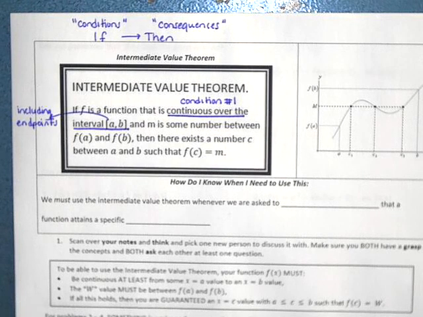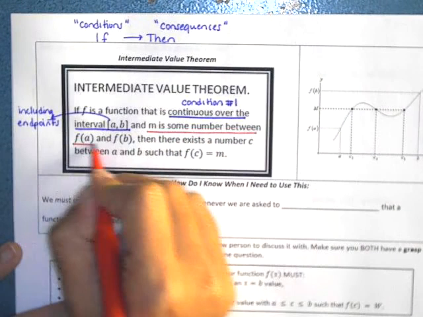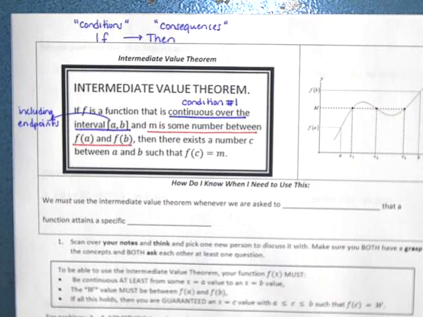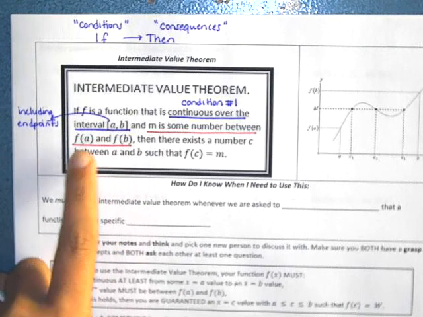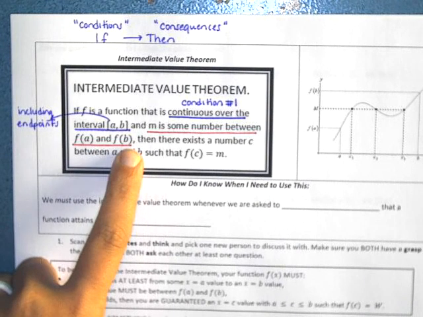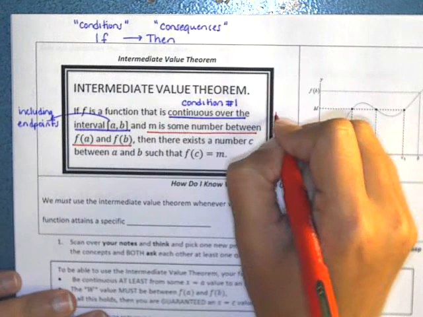Now the second condition, and m is some number between f of a and f of b. Now you'll notice here this doesn't say a and b, it says f of a and f of b. So m is going to be a y value.